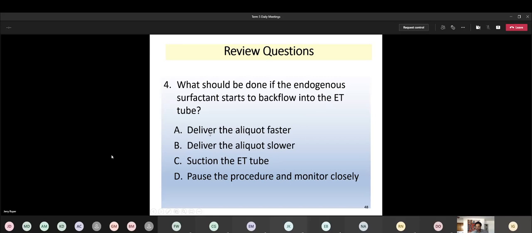So what should be done if your surfactant therapy starts to back up into the ET tube?